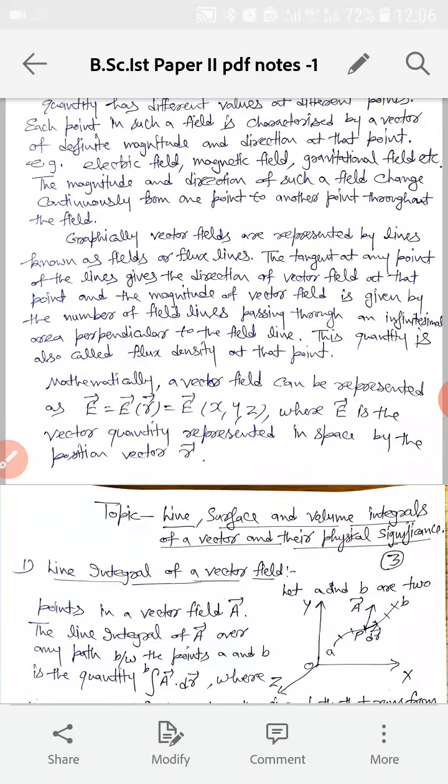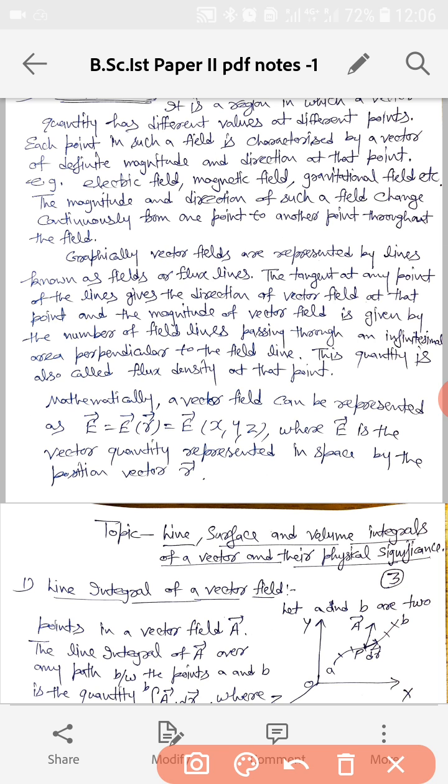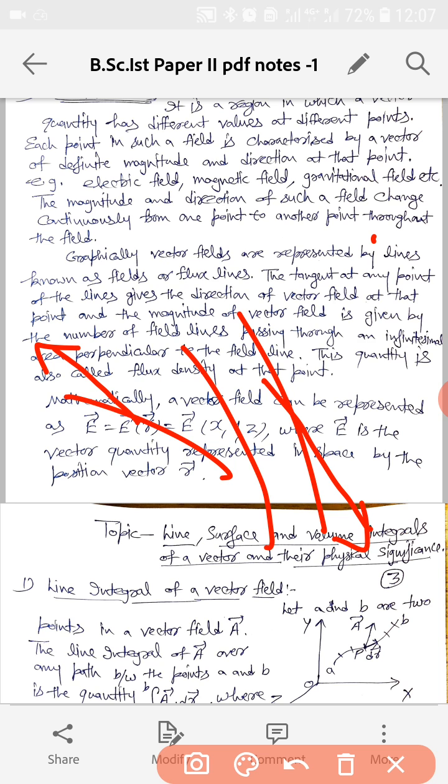We can draw some field lines like this, say these are the field lines. If we want to know the direction at any particular point, this will be the direction. The tangent on that curve gives the direction of that vector, and the number of field lines crossing at this particular point gives us the magnitude of that vector, which is known as the flux density at that point.